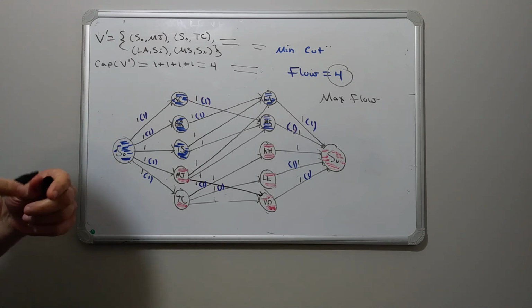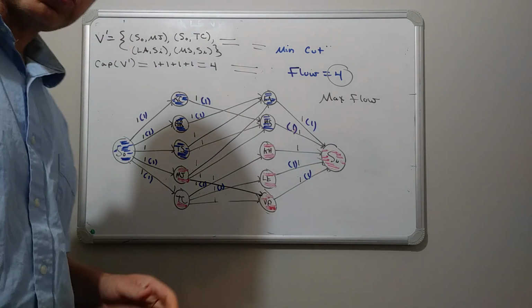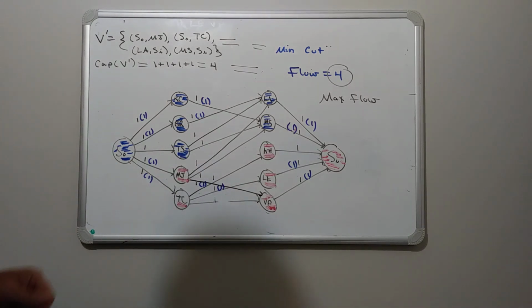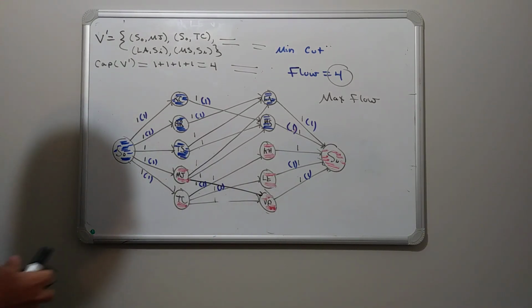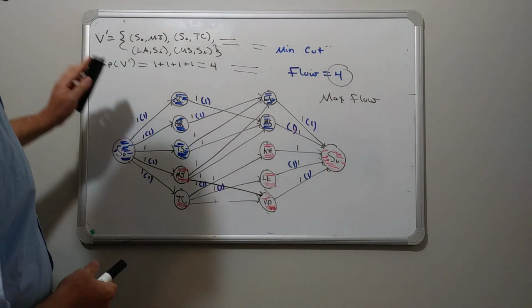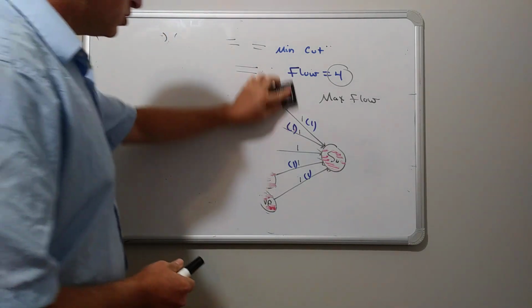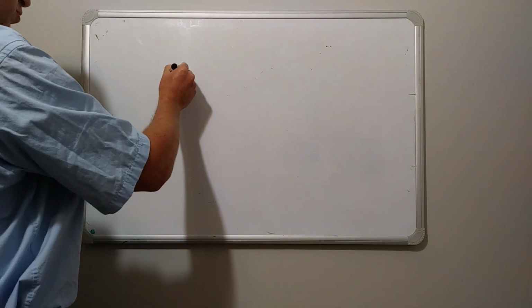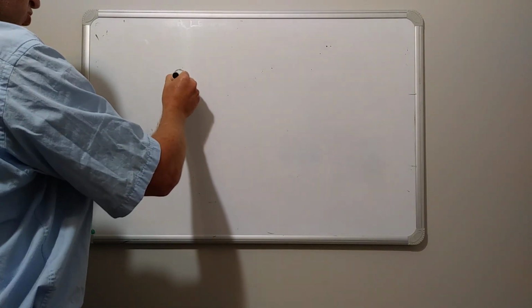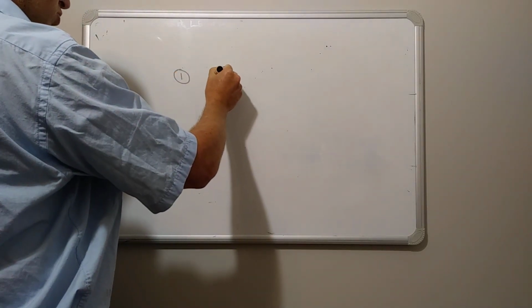Alright, so our next problem is a lot easier than this one. It's called the minimal spanning tree. So first of all, what is a tree? Well, let me show you what's not a tree.